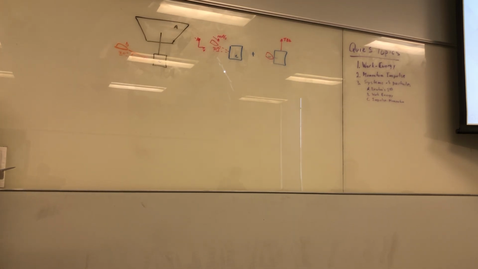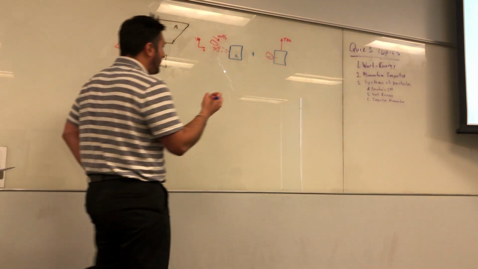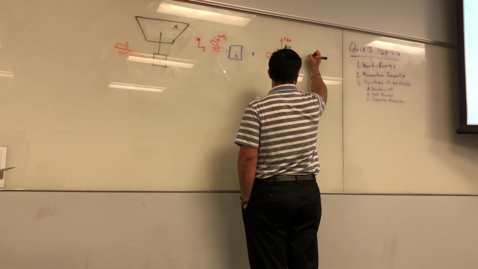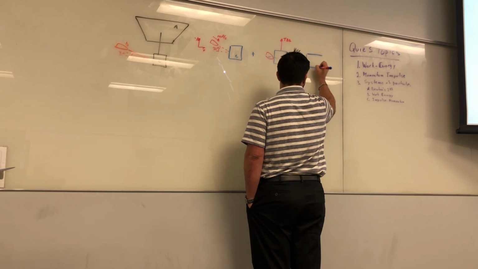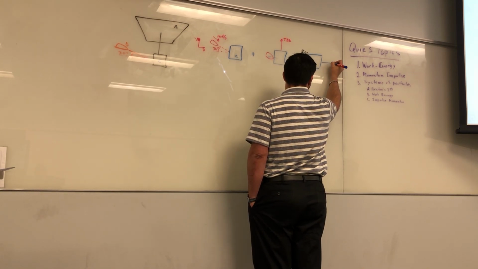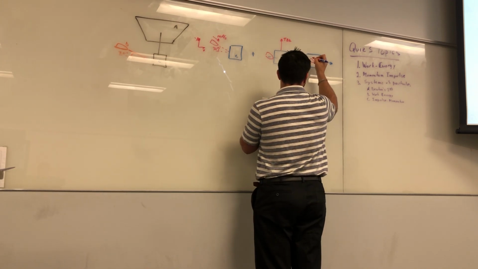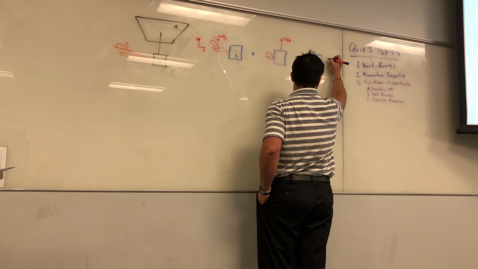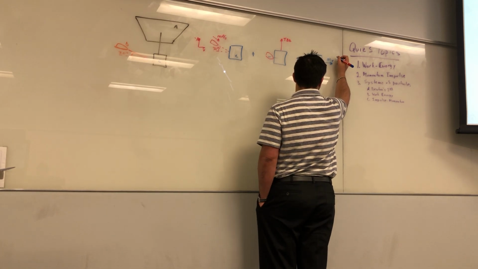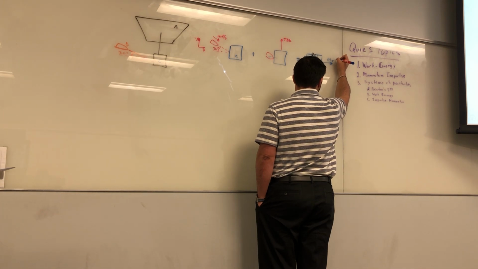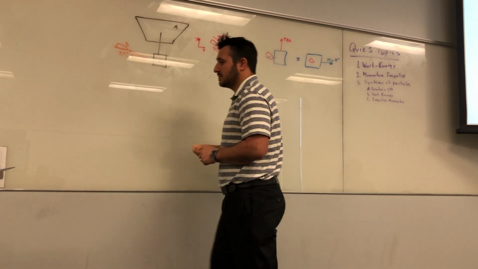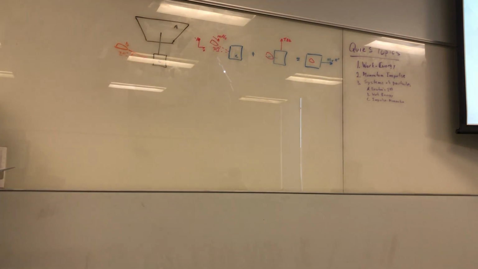That's not going to be that big of a deal. And then at the final state, where we want to calculate this, we have the bullet inside the block. And this has a total mass, the mass of the block and the mass of the bullet, times V, let's call it V prime.